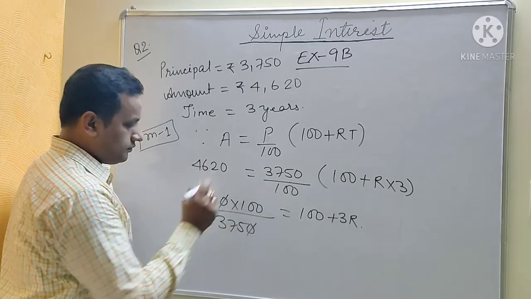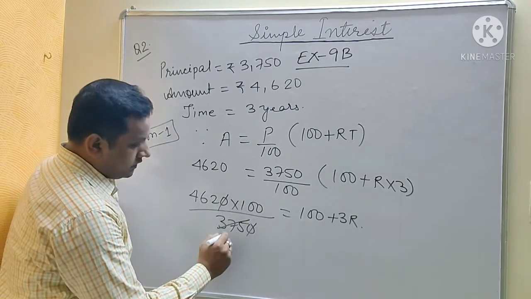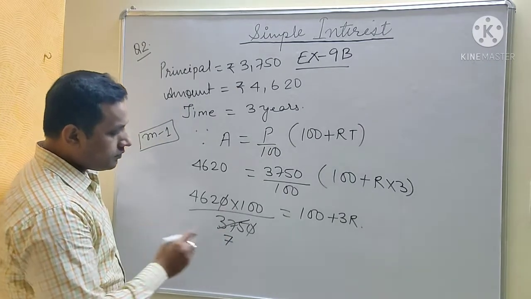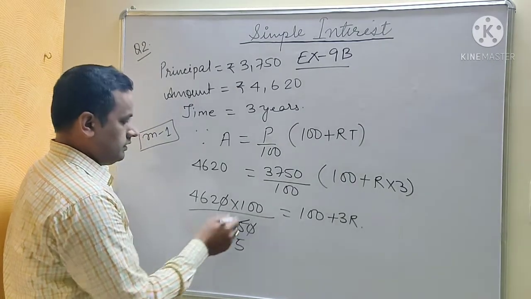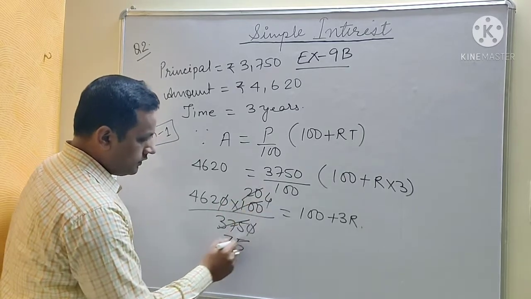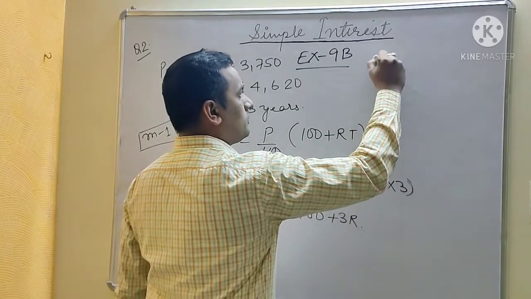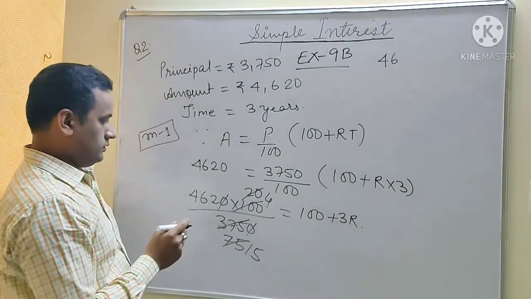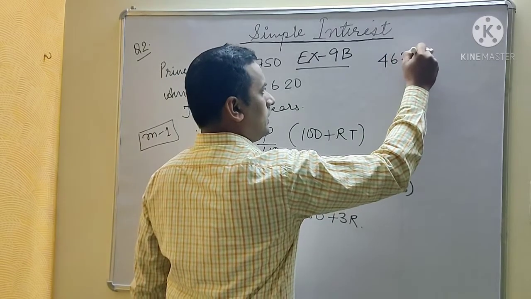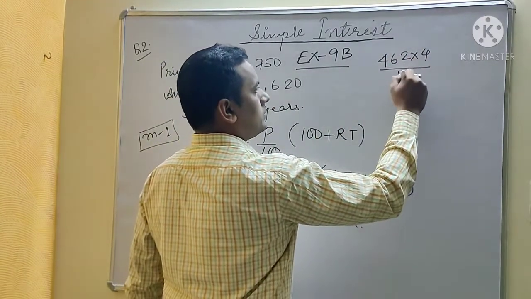Cancelling them, we can get 5 sevens are 35 and 5 fives are 25. Now 5 and 20, again 5, 4, 15. Therefore, we can write 462 into 4 by 15.